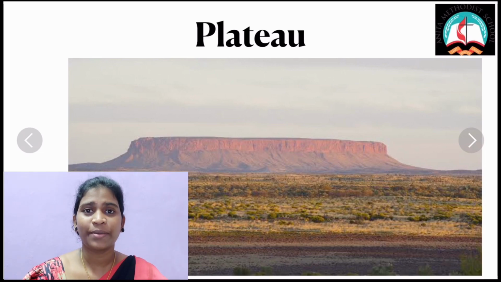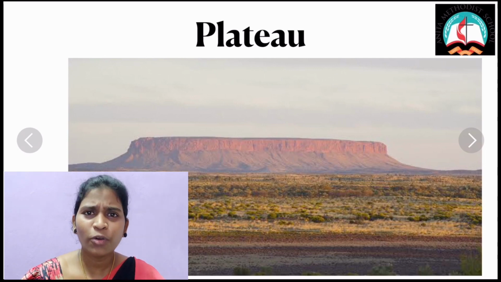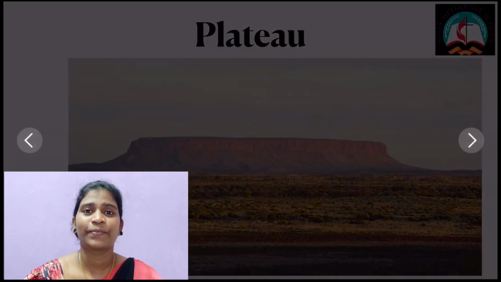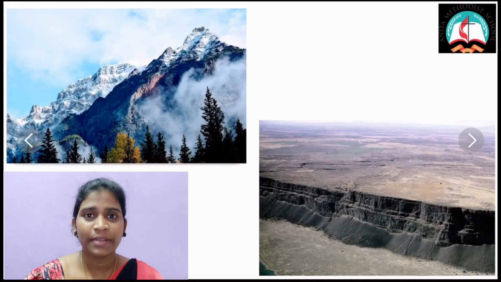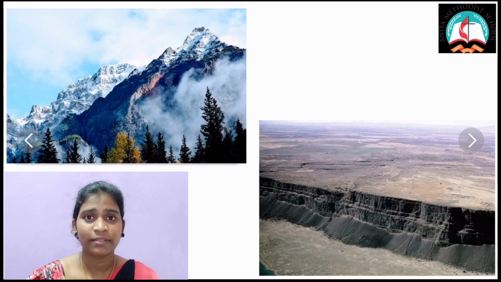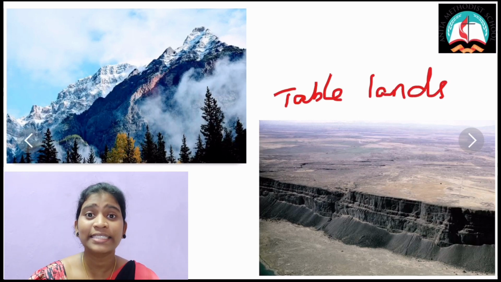Next we are going to see about plateaus. What are plateaus? Plateaus are landforms a little lower than mountains. If you observe plateaus, you can see the steeps here in the plateaus, but the difference between plateaus and mountains is that plateaus have a flat surface on top which looks like a table, and so we call plateaus tablelands.